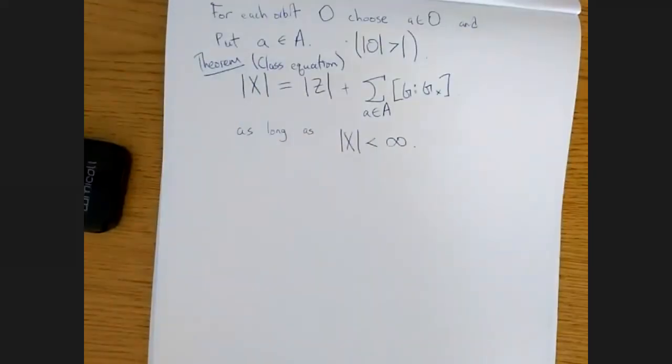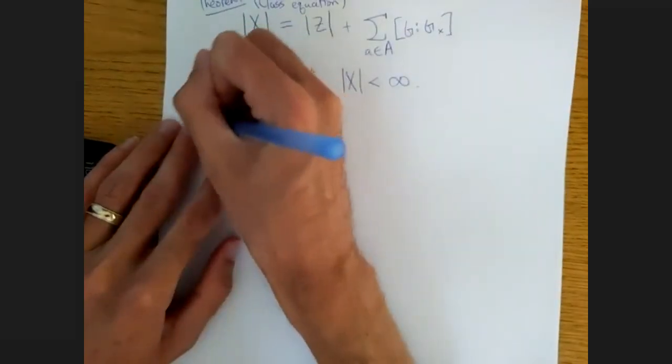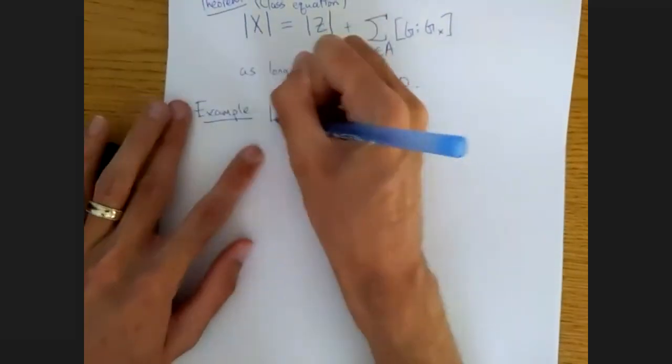And so in the special case where the group acts on itself by conjugation, this gives us a special example of the class equation, which I want to mention. Okay, so example. Remember this example.